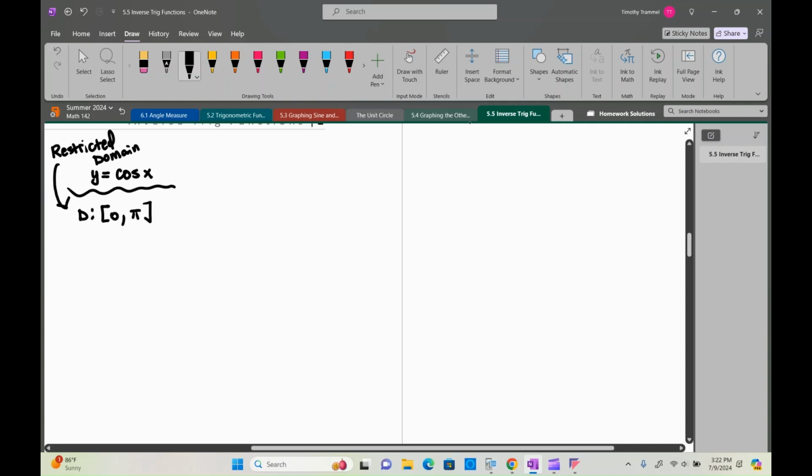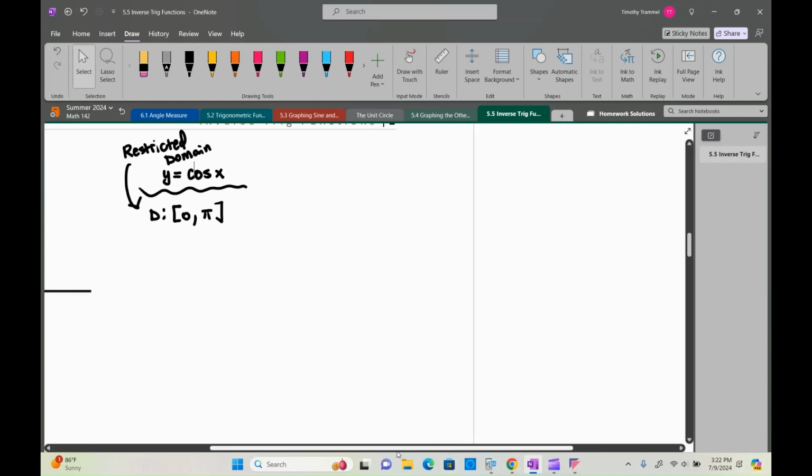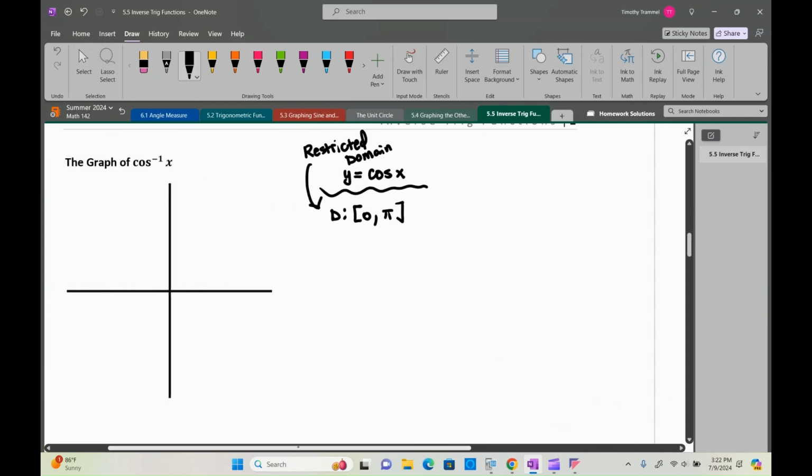And you know what? I guess we don't really need to do that. We can skip that part. Let's write in the range though. What you'll see if we graph this cosine of x is not only that it passes the horizontal line test on this interval, but also it goes through the values minus 1 to 1, meaning it covers every y value that it would cover if we weren't looking at the restricted domain.